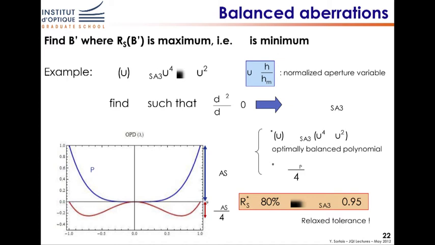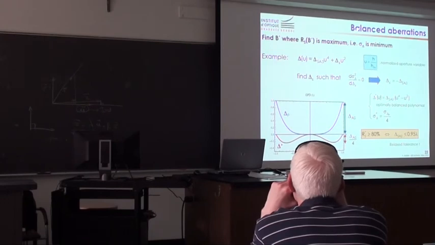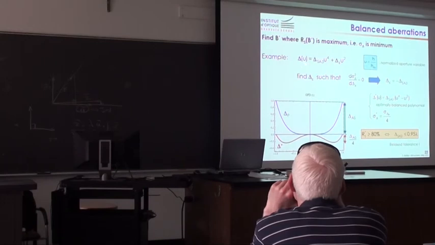So that is, where is the point in space where the intensity is maximum. And we saw yesterday that maximizing this quantity is equivalent to minimizing the standard deviation of the wave aberration. So Zernike says, okay, the wavefront, so U here is the normalized aperture value, okay, normalized to the marginal height. So it varies between -1 and +1.